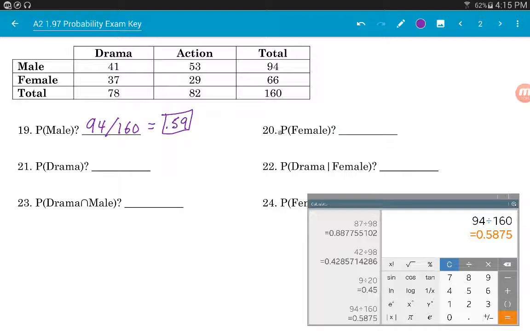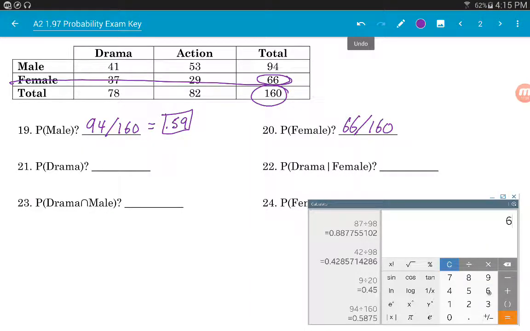Probability of being female, number 20. How many females are there? Total number of females is 66. Out of how many? 160. And that's 0.41.